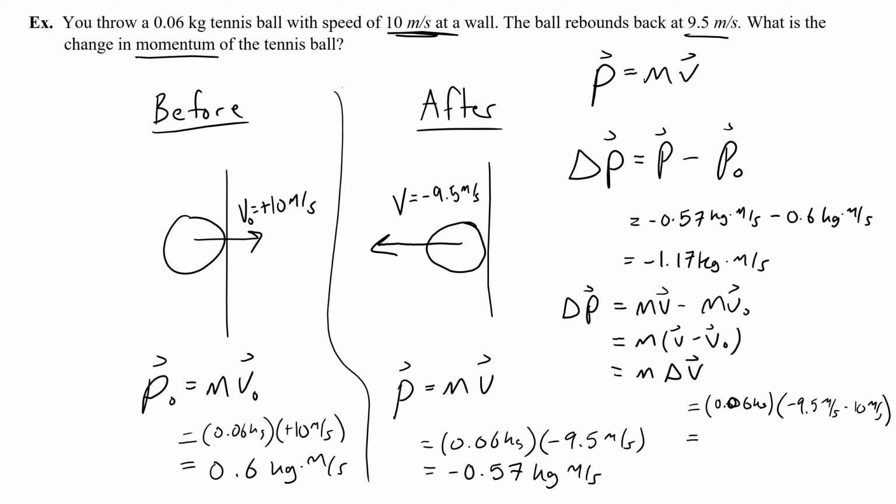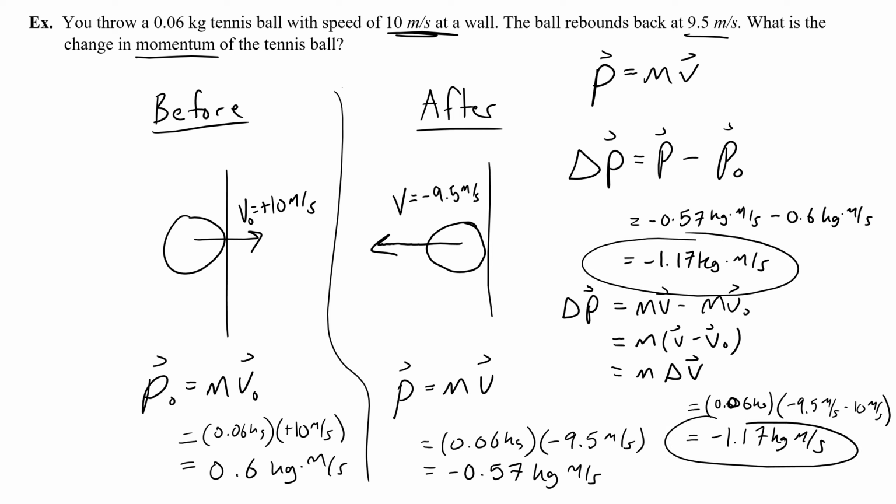And multiply that by the 0.06, and you'd get the same answer, negative 1.17 kilogram meters per second as the change in momentum. Again, the same thing that we got here.